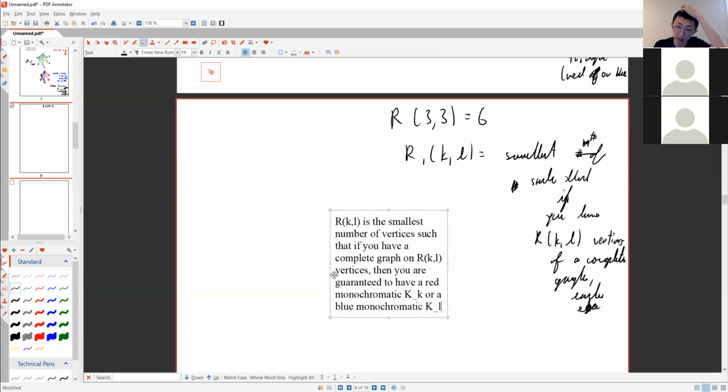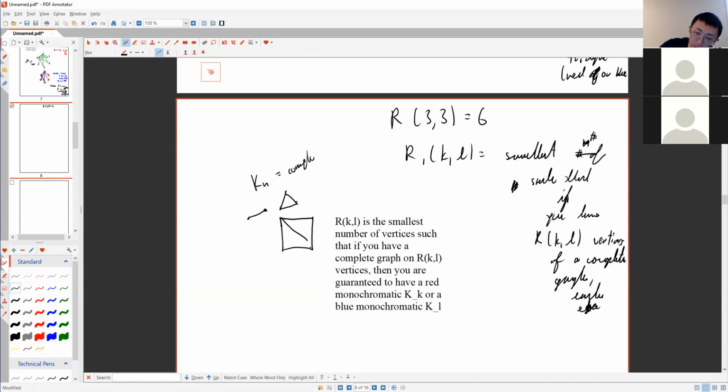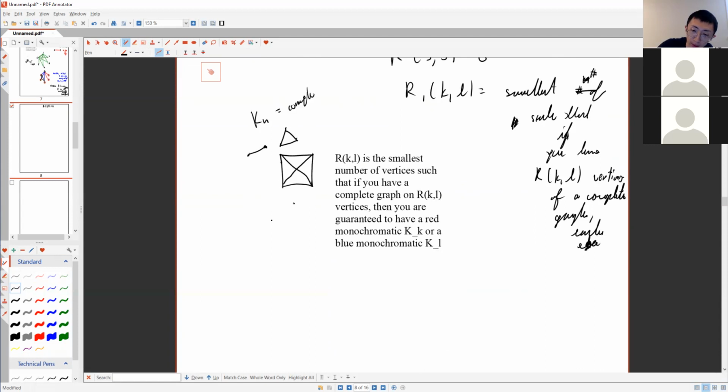you're basically guaranteed to have, so in graph theory, K_n is the complete graph on n vertices. K3 would be a triangle, K2 is just 2 dots in a line. K4 would be drawing 4 points and all 4 choose 2 edges between them. K5 would be drawing 5 points and all connections between pairs of the 5 points.